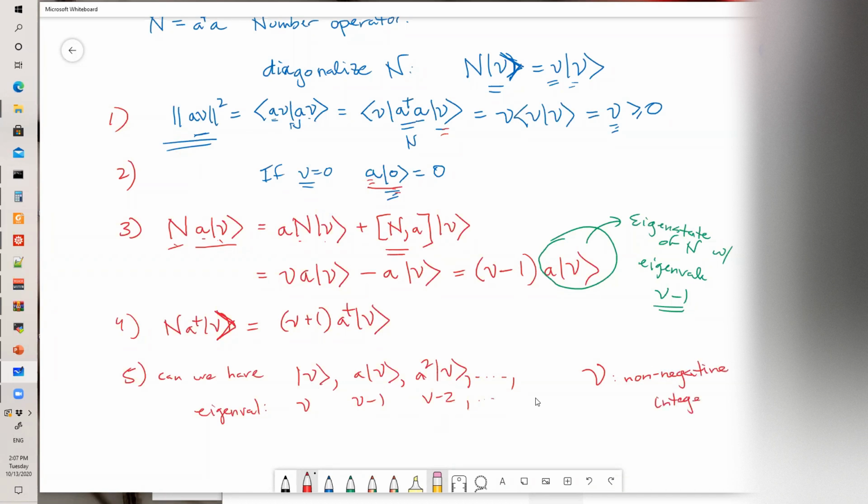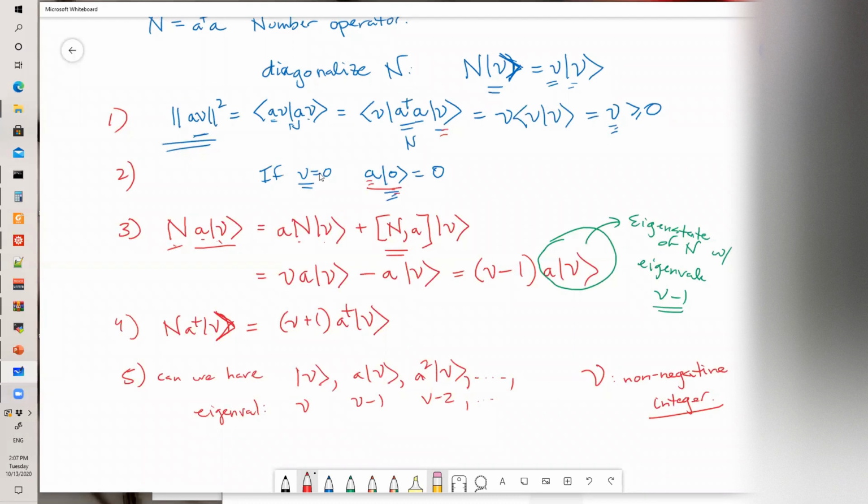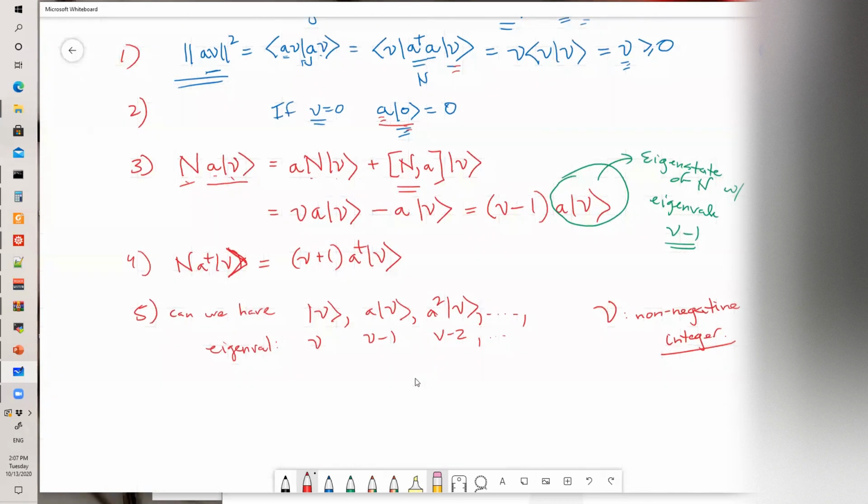Because that's the only way that you can reconcile property 5, that we can just keep acting and getting more and more eigenstates, with property 2 and property 1, that they're all positive, and that when A acts on 0, you get 0. This saves you from having negative eigenvalues, because what happens if you start with any positive integer, say 5?